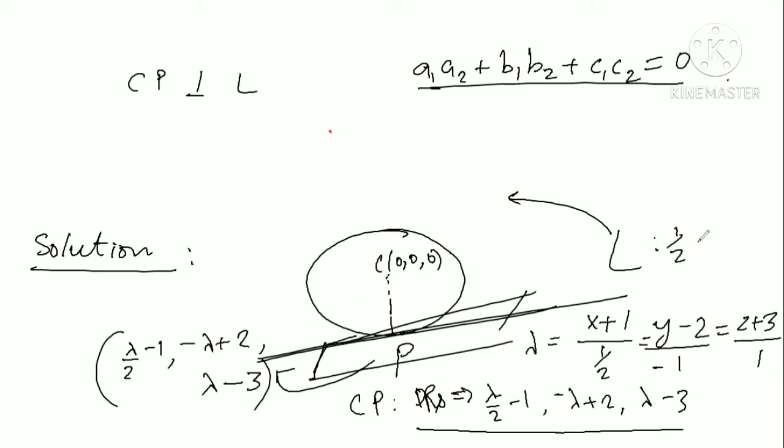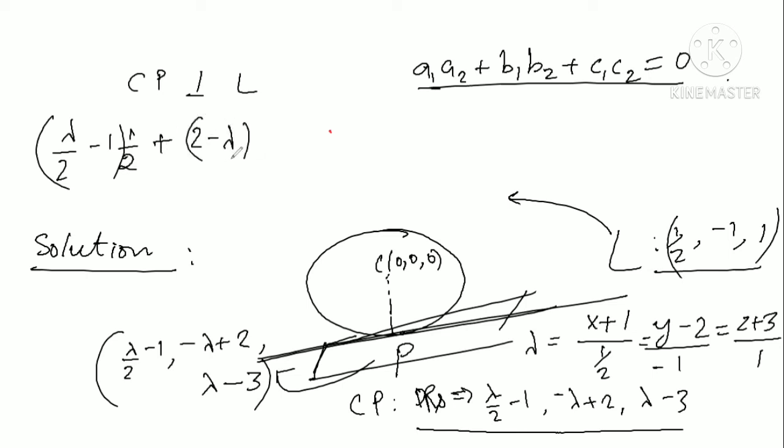So the direction ratios of the line are half, minus 1, and 1. Now we apply: lambda by 2 minus 1, multiply this by half. Then we get 2 minus lambda and multiply this with minus 1. And the third direction ratio is lambda minus 3, multiply this by 1. So this is equal to 0.